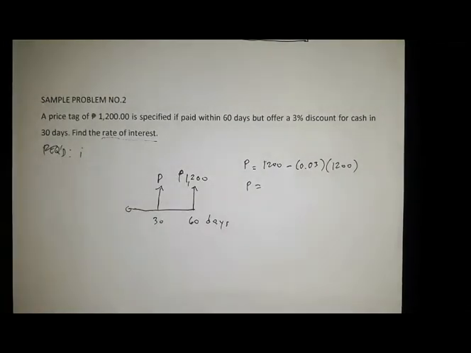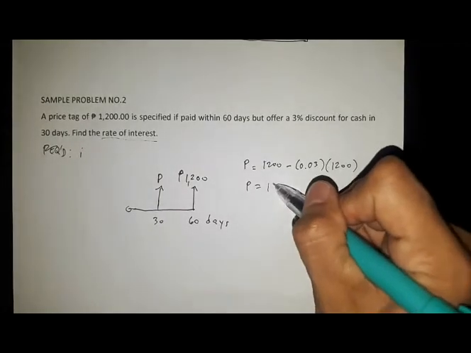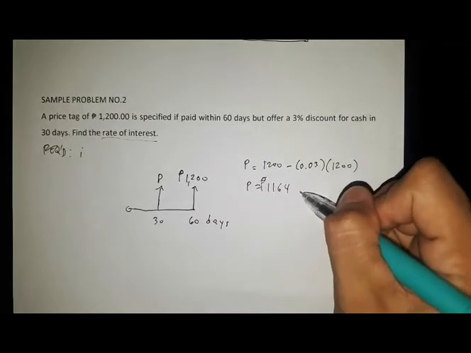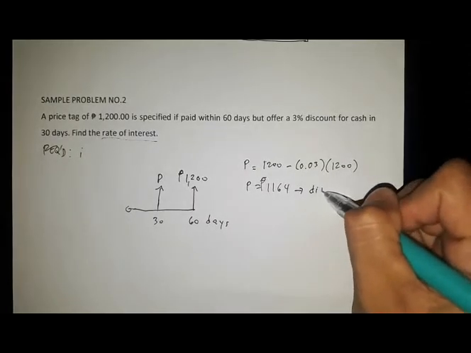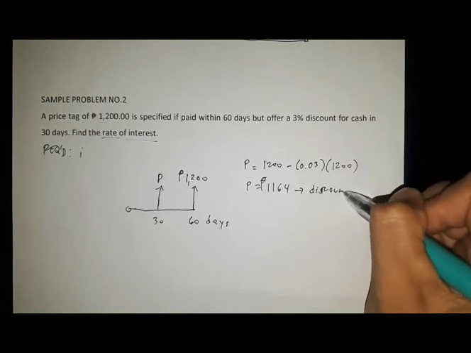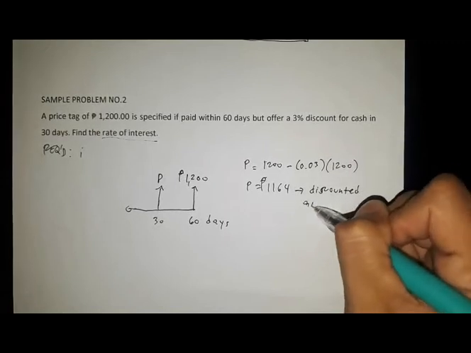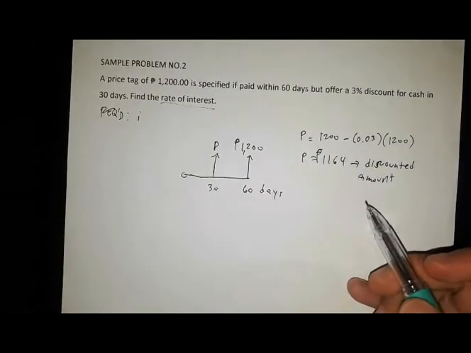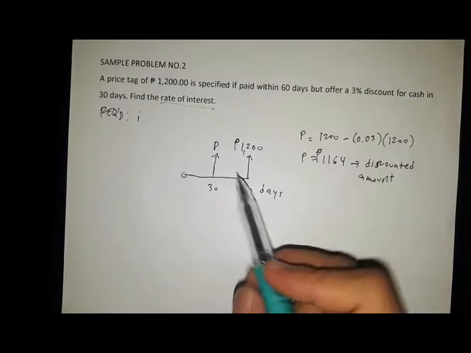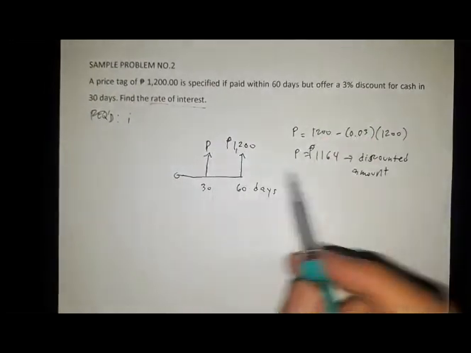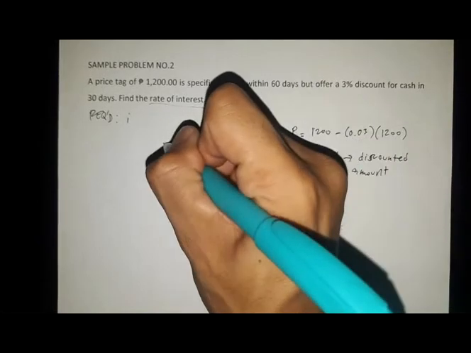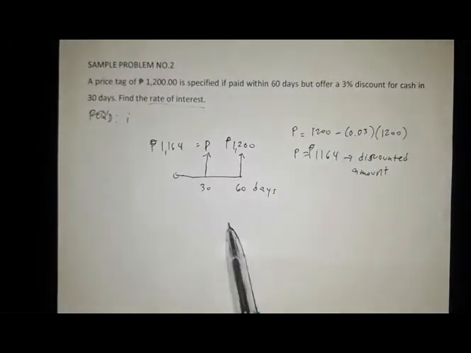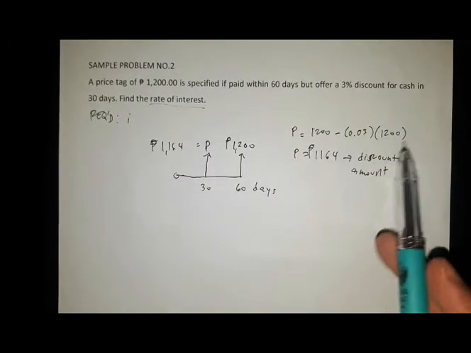So the value of P is 1,164 pesos. So this is the discounted amount of the certain product. So this is your P, 1,164 pesos, and this is your F, 1,200 pesos.